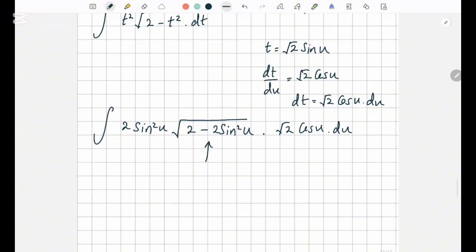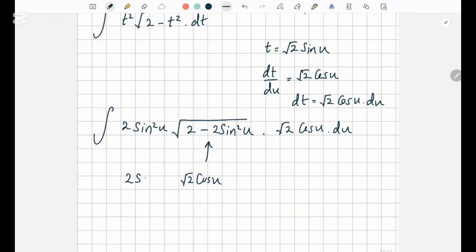Now in your square root you'll have 2 into 1 minus sine squared u, so this would be 2 into cos squared u, and when you take the square root it's going to be root 2 into cos u.